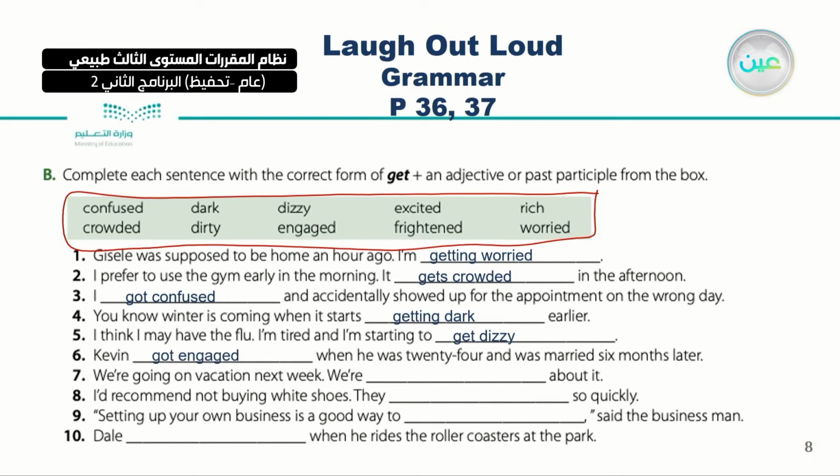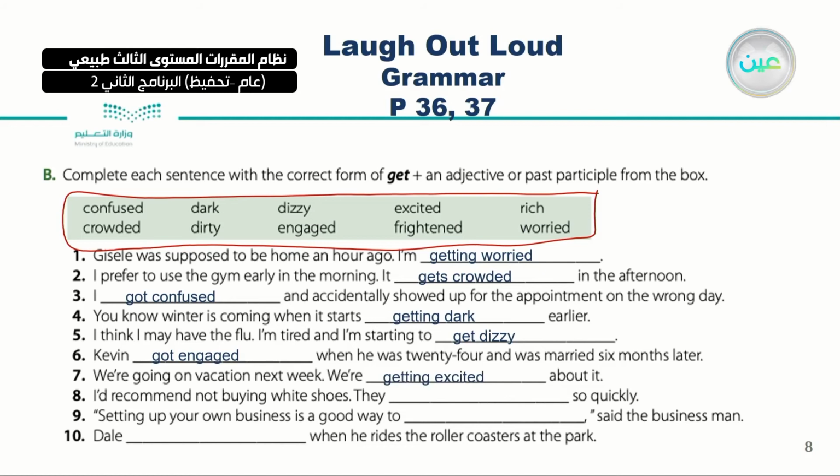Kevin got engaged about 6 months before his marriage. 7: We are going on vacation next week. So here we have "are", so for get we have to add -ing: getting excited.